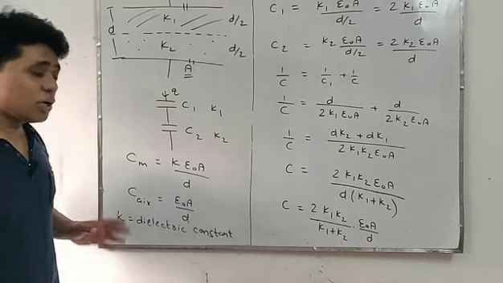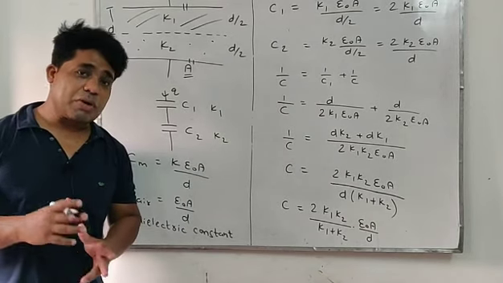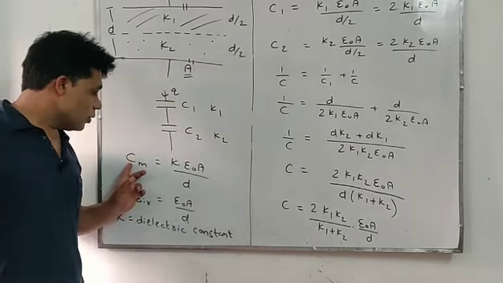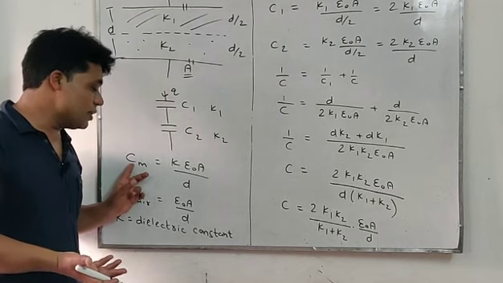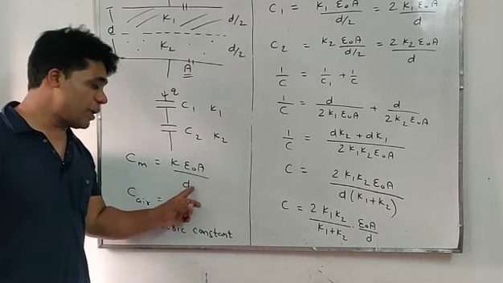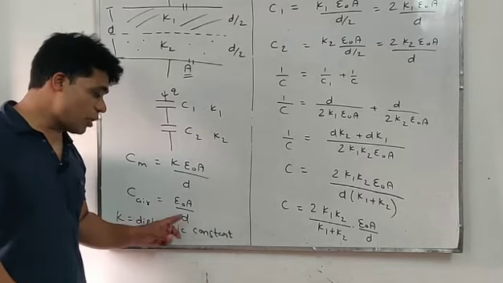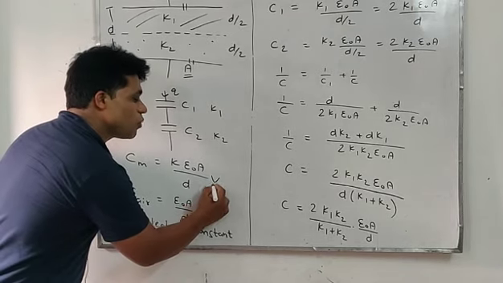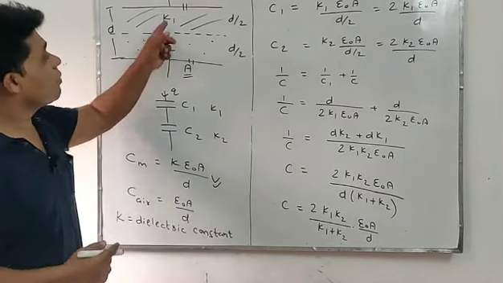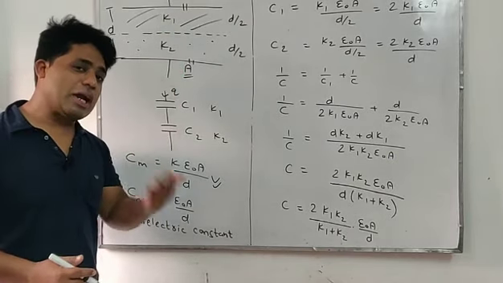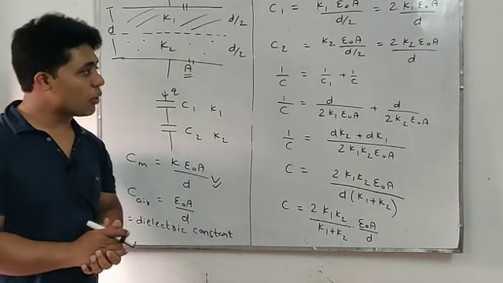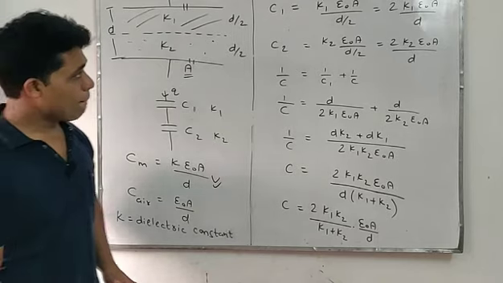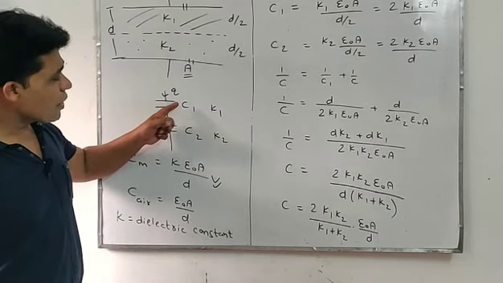Now students, what is the capacitance with dielectric medium of a parallel plate capacitor? That is C medium equals K epsilon A by D, and with air, epsilon A by D. We will use this formula because we are given a dielectric medium having dielectric constants K1 and K2. First we will find C1 and C2.